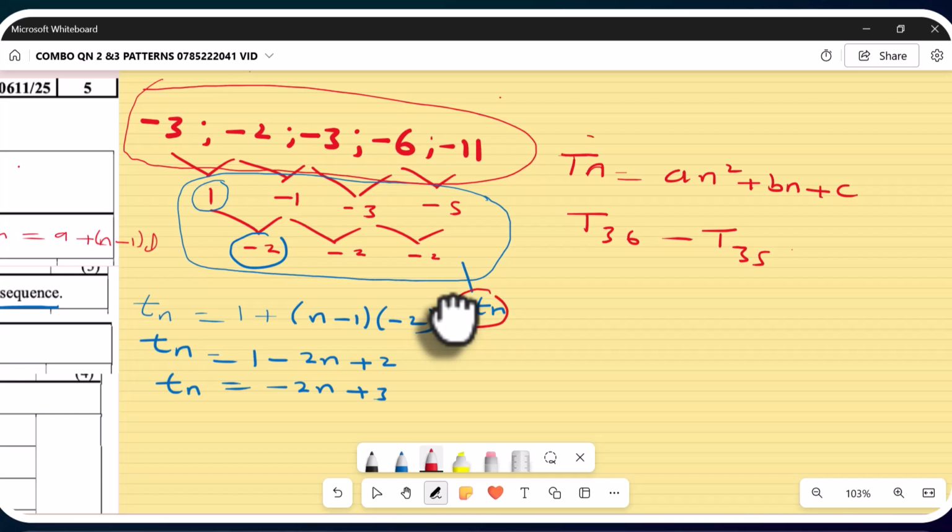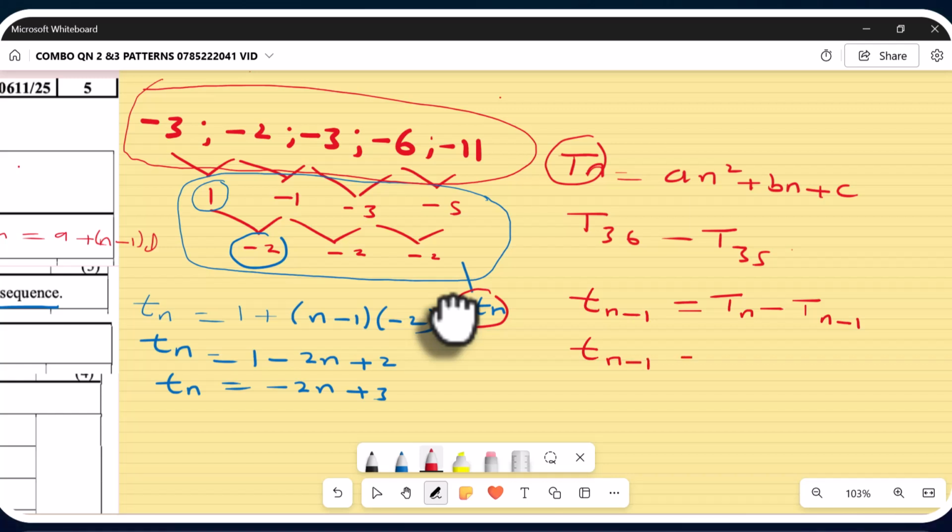To get T35, I come back here and put 35. It's going to be negative 2 into 35, and then plus 3. Calculators: it's going to be negative 70 here, then plus 3 altogether. And in that case, what do I get here?